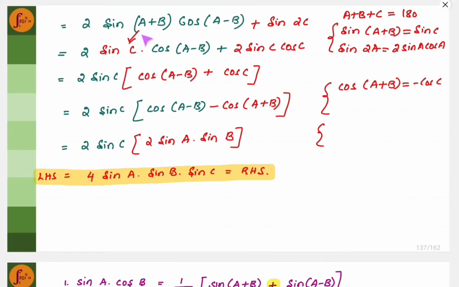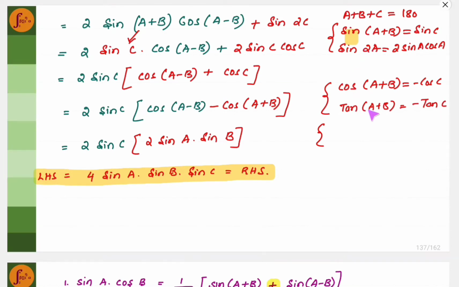And in the trigonometric identities, we had seen that if a plus b plus c is 180 degrees, then sine of a plus b is sine c, right? There are multiple trigonometric identities. Sine a plus b is sine c, cos a plus b is minus cos c, right? And tan a plus b is minus tan c.